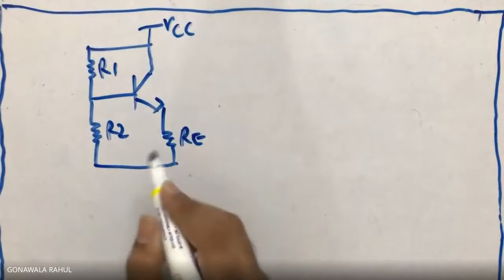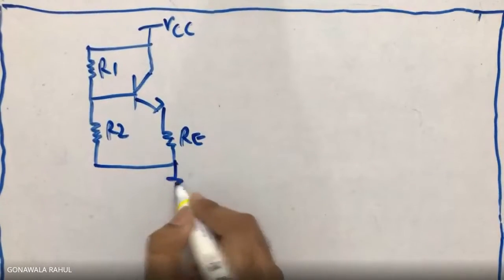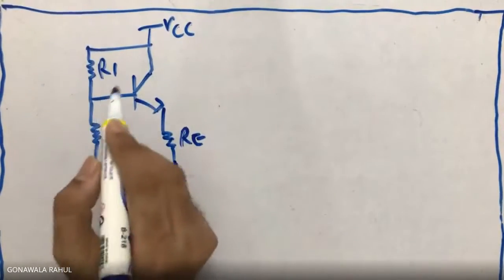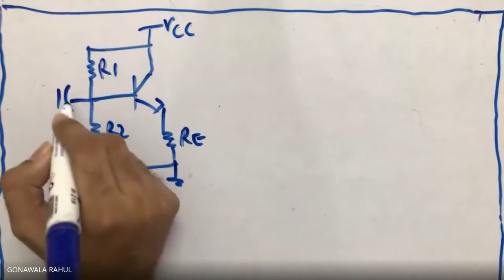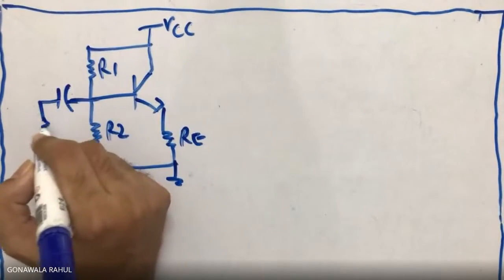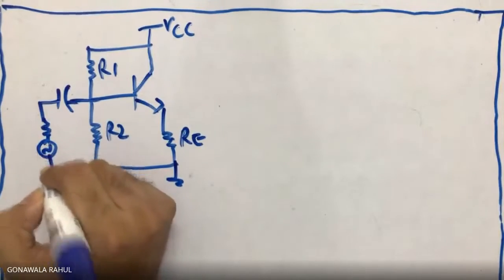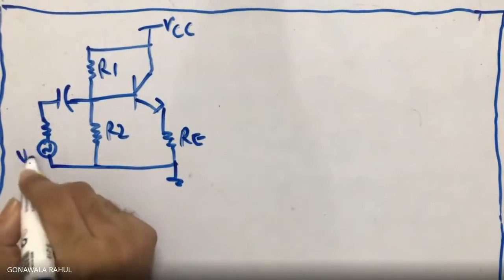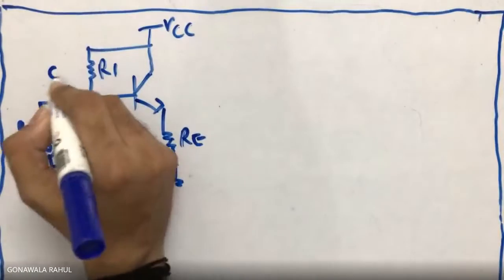Okay, this terminal we have grounded. Here we have a coupling capacitor. This is Vs, Rs, C1.